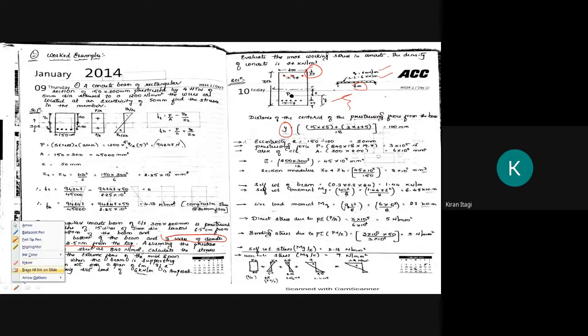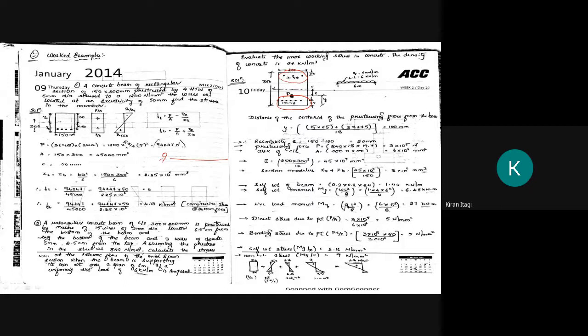Why are we finding the CG of the pre-stressing force? See, just to make you understand in simple language, here there are three people, and here there are 15 people. If I draw like this, you know the rope pulling game.